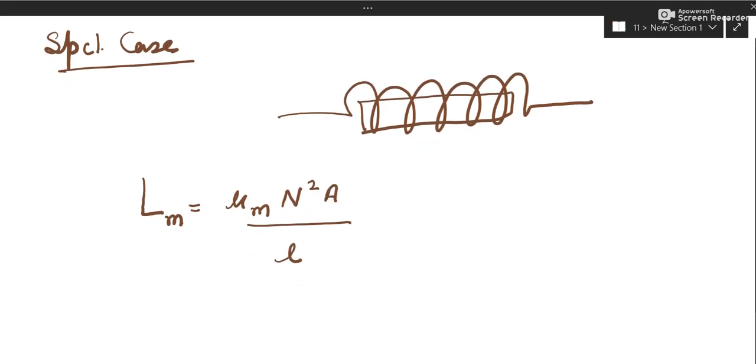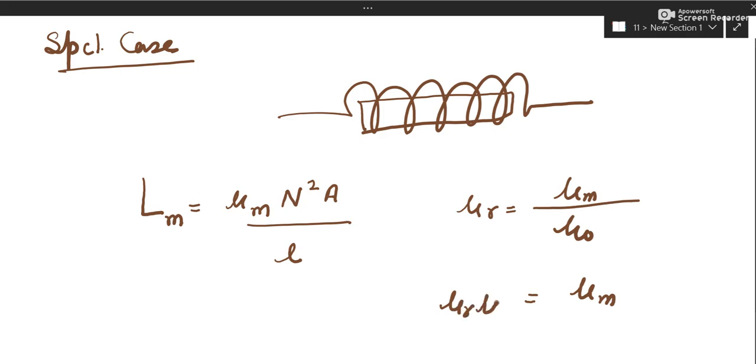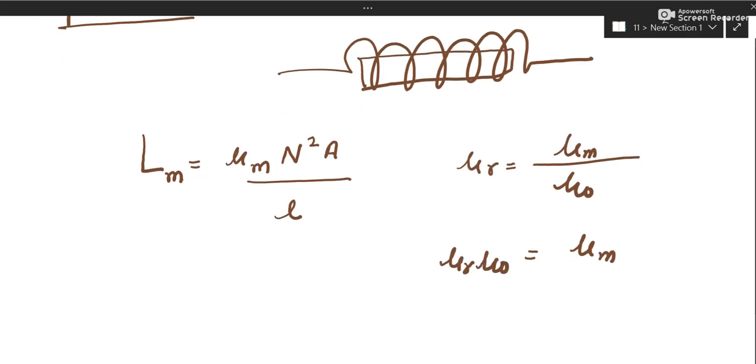Now we will take the help of relative magnetic permeability, which is the ratio of magnetic permeability of material to free space. So the magnetic permeability of material will come as mu R, relative permeability, into mu naught of free space. Let us substitute this value here.